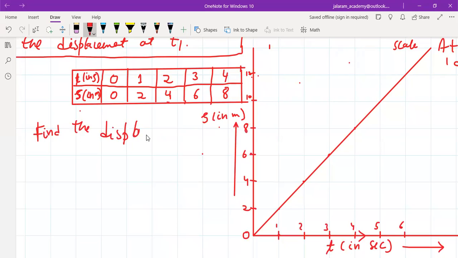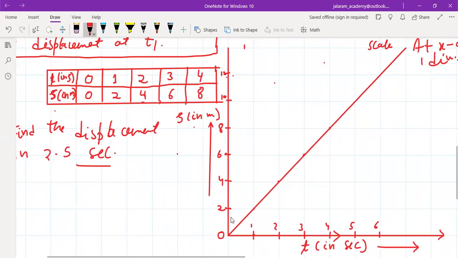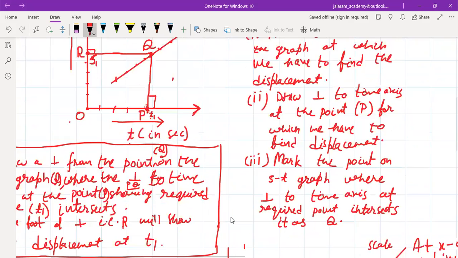Now, if it is asked to find the displacement in 2.5 seconds, search for 2.5 seconds. It is just at the midpoint of 2 and 3. So this is T1, which we have discussed in our algorithm.